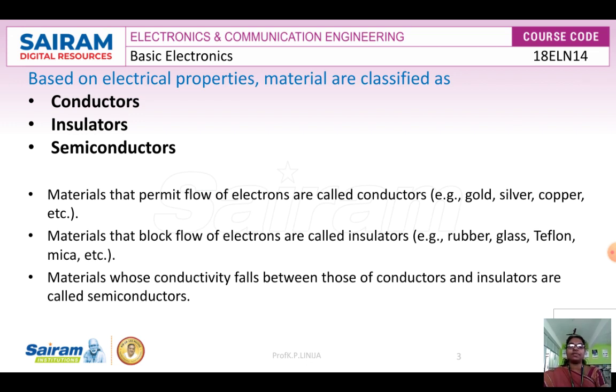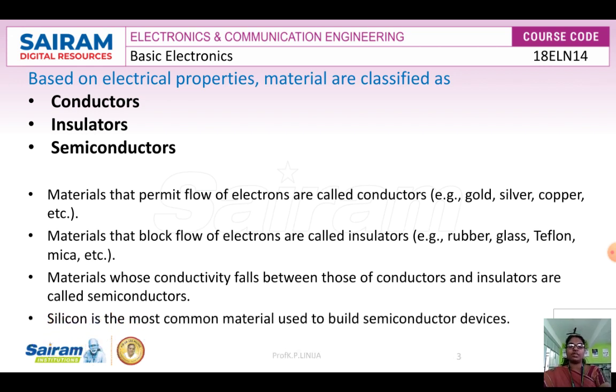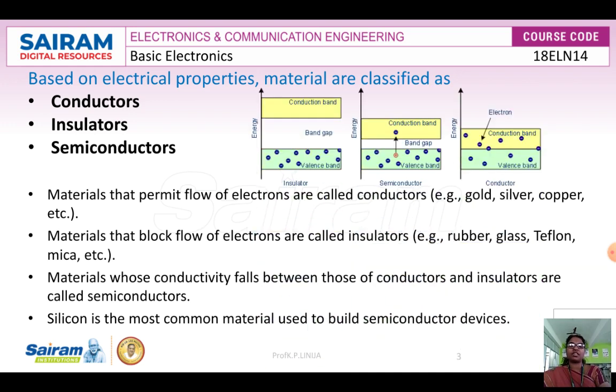Now we can see the energy band diagram. In the energy band diagram of all these three materials, there is a valence band, a conduction band, and a band gap. The most commonly used semiconductors are germanium and silicon, which are used to build semiconductor devices.